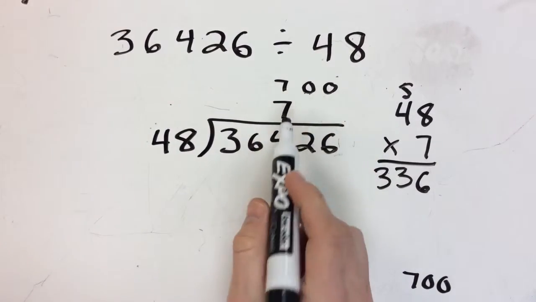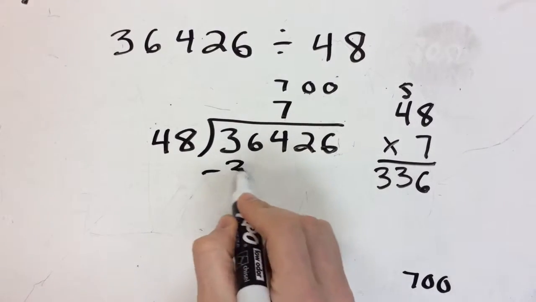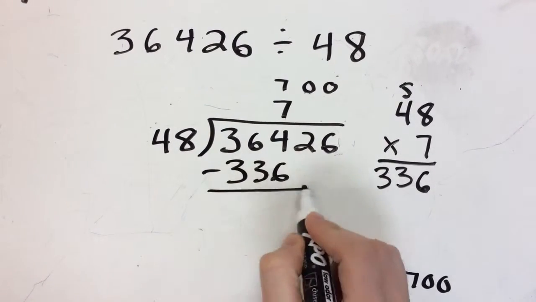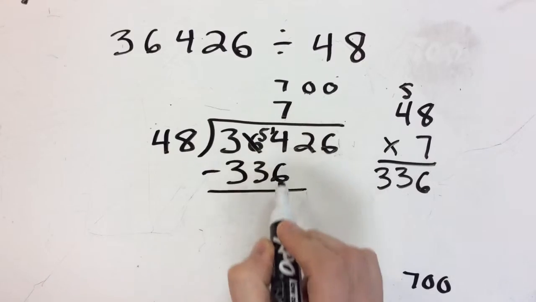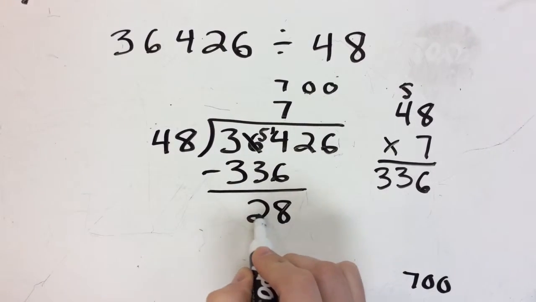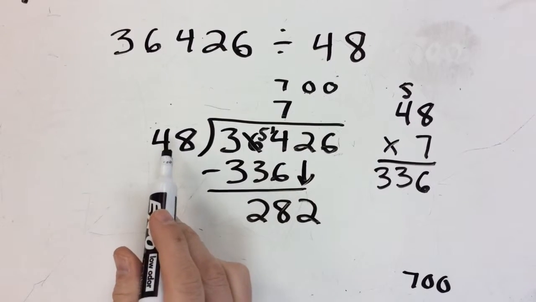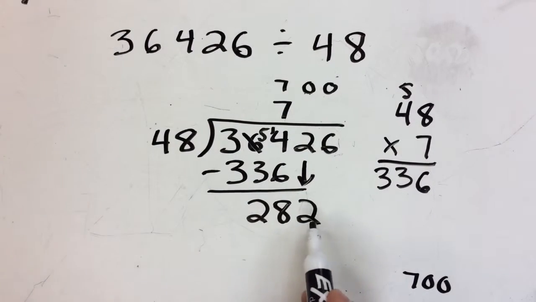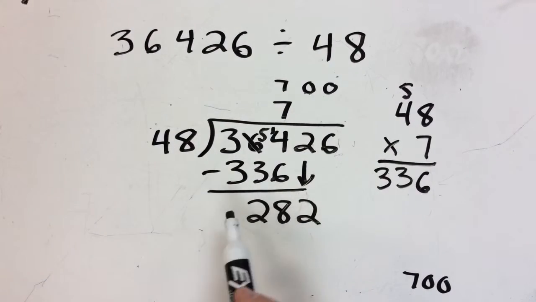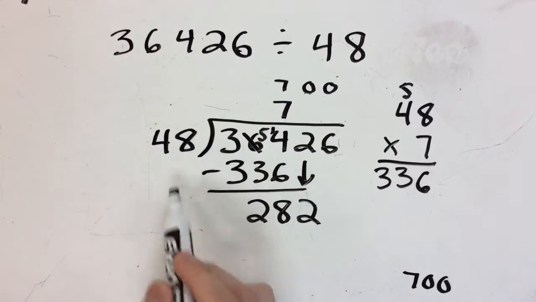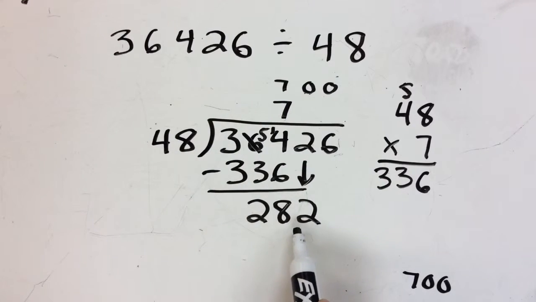It is 700. I subtract 336. Bring down my 2, and now I've just got to figure out how many 48s go into 282. I can use estimation again. I'll think of this as 50, I'll think of this as 300, and I see that 50 goes into 300 about 6 times.